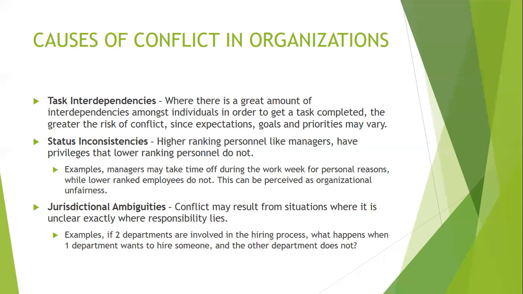What happens when one department wants to hire somebody and the other one does not? Oftentimes there might be an interview panel in the hiring process, and you may find persons from HR on that panel. Let's say it is the OSH department that wants to hire someone into their department. HR will be involved, and you would also find someone from OSH on that panel.